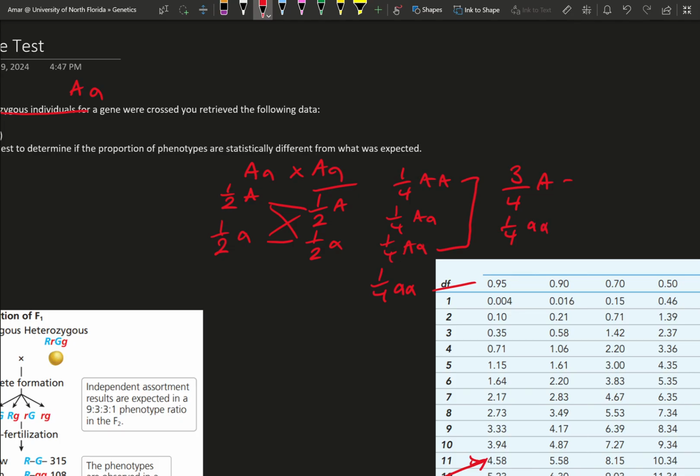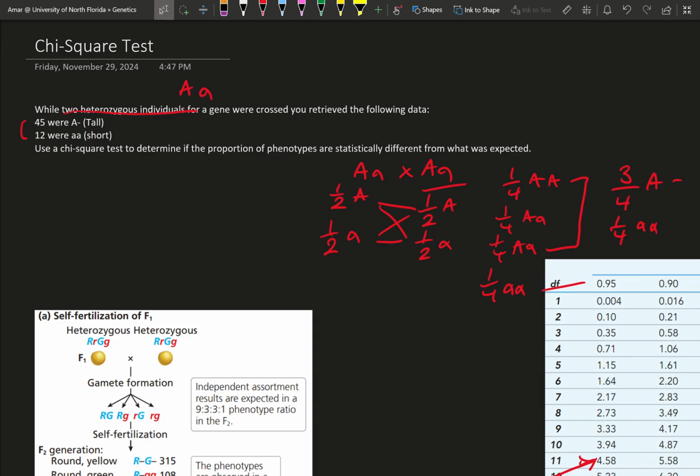Over here, our total, if we add these together, is 57. Now we're going to figure out how many individuals are expected to be tall. We're going to do 0.75 multiplied by the total, which is 42.75.